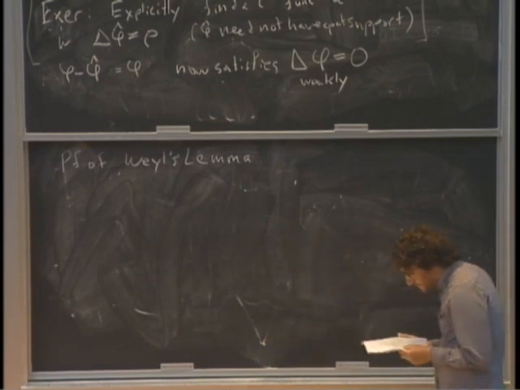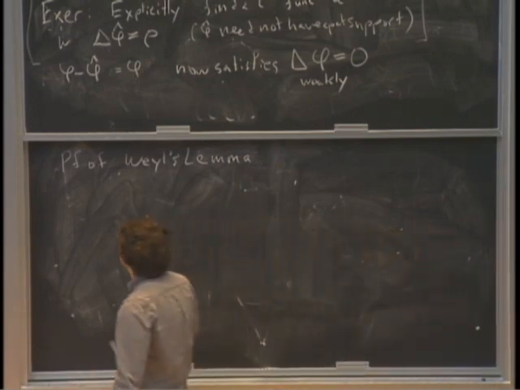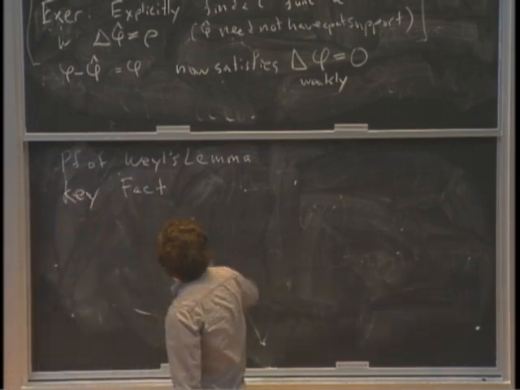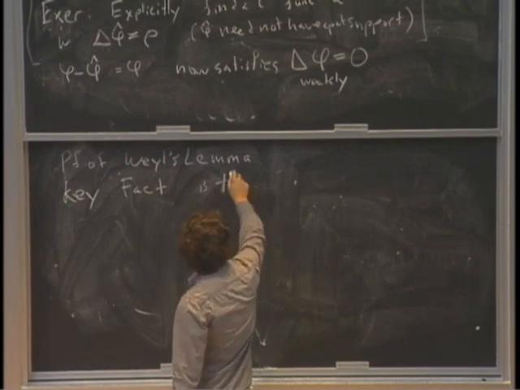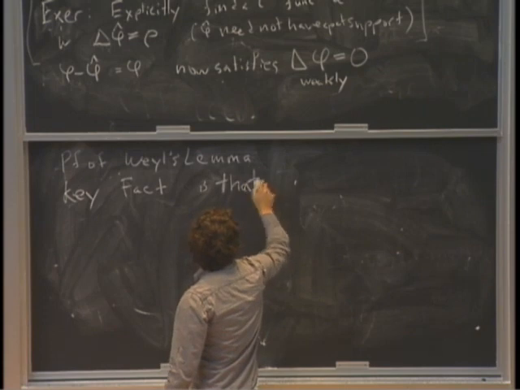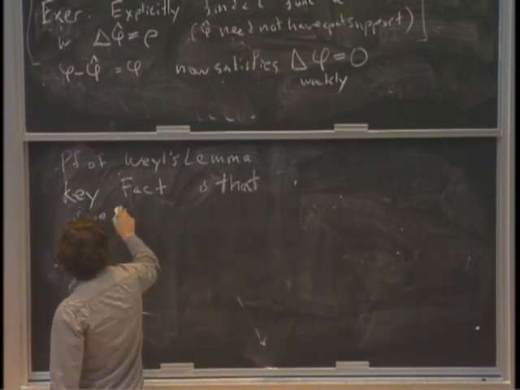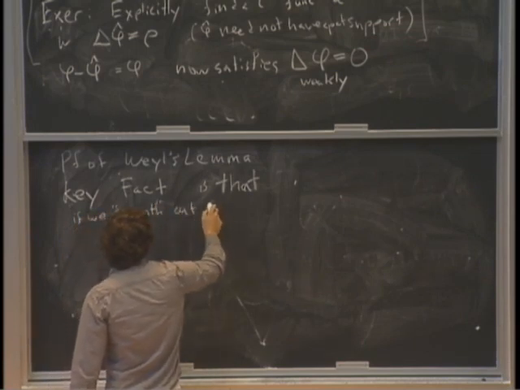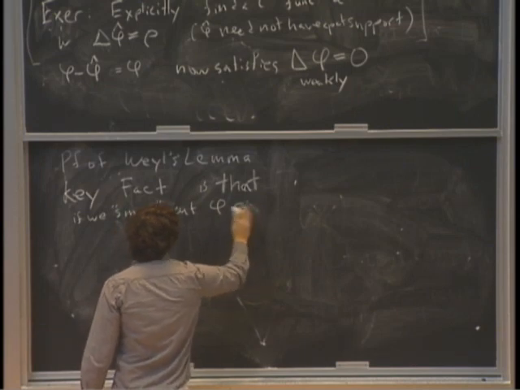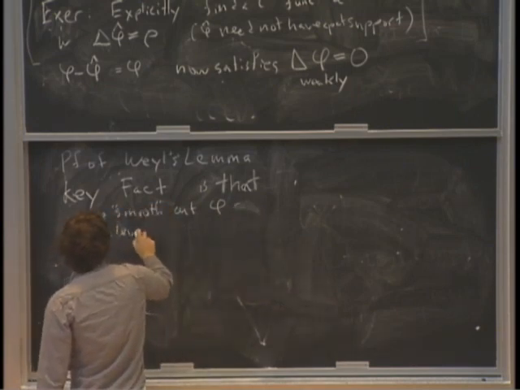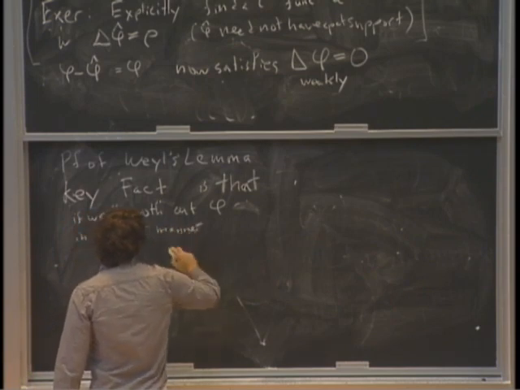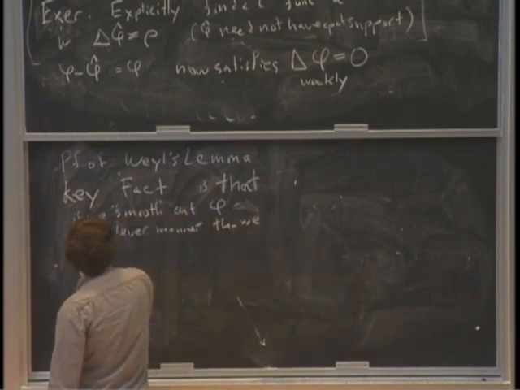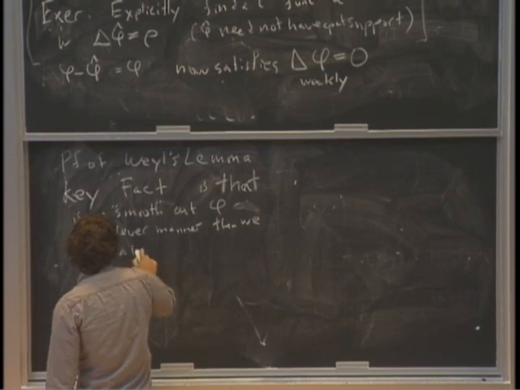The key fact that we're going to use is that if we smooth out phi in a clever manner, then we get, one, a harmonic function.